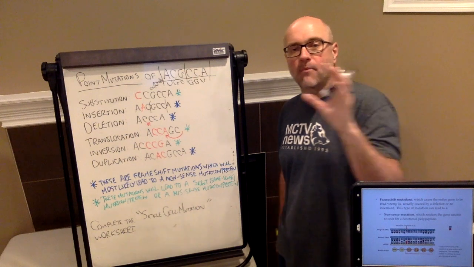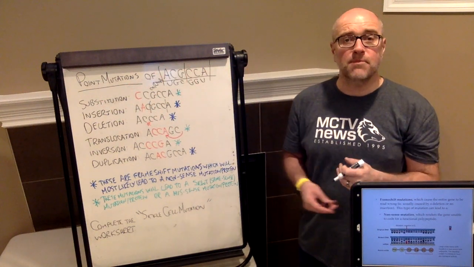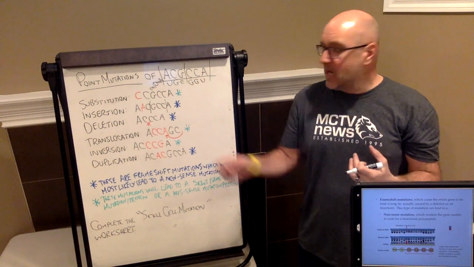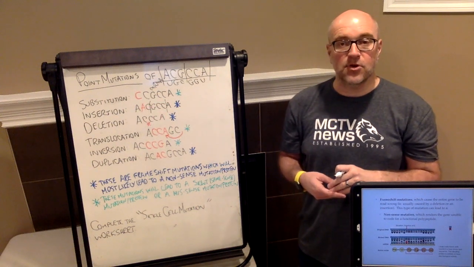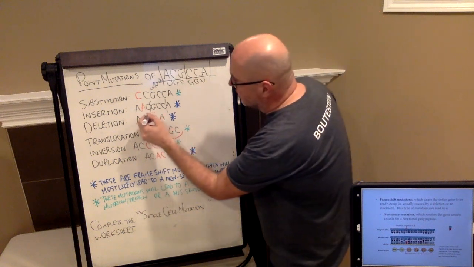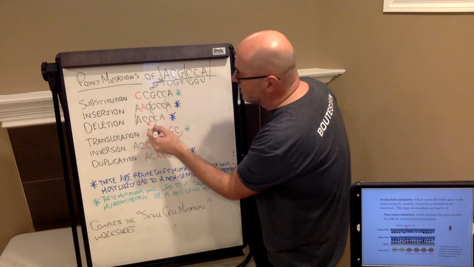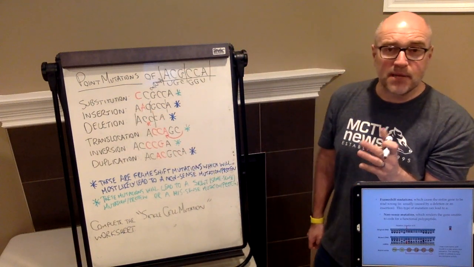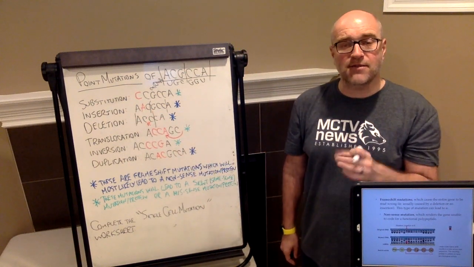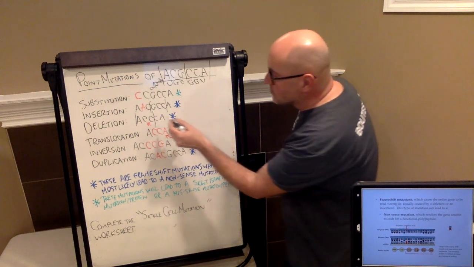So all my triplets down the line past this point are all going to be messed up because I've added one extra nucleotide, or in this case, I've deleted a nucleotide. Here's my problem here. I'm going from AAG to AAC. That may not be an issue because AAC to ACG might be the same amino acid.